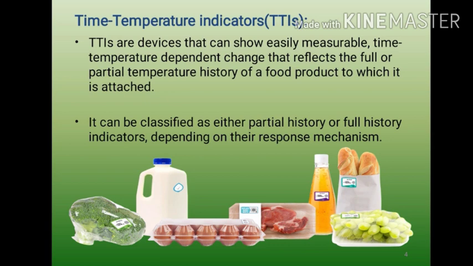Since temperature variations in a food product can lead to changes in food product safety and quality, as temperature is one of the crucial factors for maintaining the quality and safety of food products, this time temperature indicator shows an irreversible change in physical characteristic, usually color or shape, in response to temperature history. This time temperature indicator can be classified as either partial history or full history indicator depending on their response mechanisms.